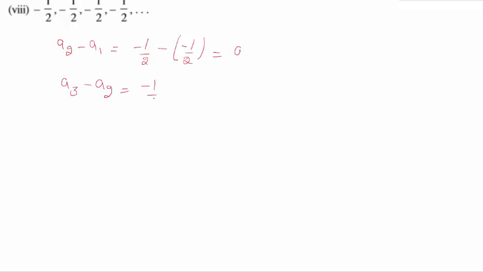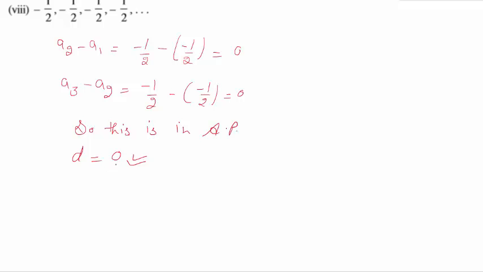This is minus half minus minus half, and again this will be 0. You will find that the common difference is the same in all the 4 terms, and it is 0. So this is in AP, and the common difference, that is D, is 0.